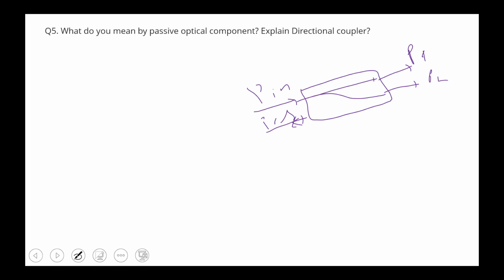Am I wrong or correct? Correct. So if you want to couple two lights or divide the light, we use the directional coupler. It will be directed in one direction or two directions, so it will depend.